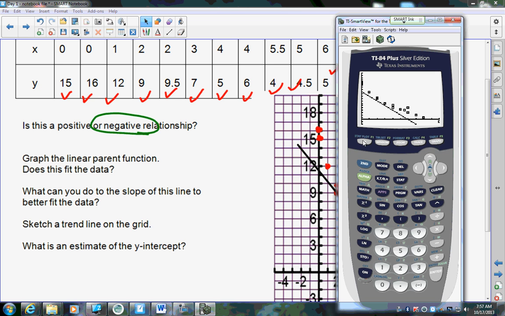I need to make it a little bit flatter. Oh, darn. Deleted the wrong thing. Let's try negative 1.5. Oh, winner, chicken dinner. That one looks pretty good.